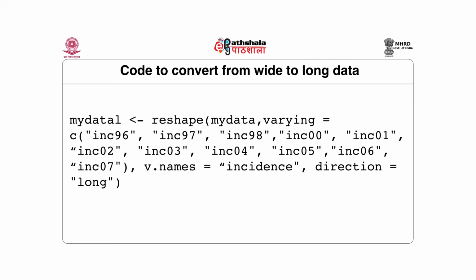And we have decided to convert from a wide data into a long format. So we said the direction is going to be long. Similarly, if you had to convert a long data into a wide format, you'd reverse these instructions. So in this case, the v.names would change and the varying would be the incidence.